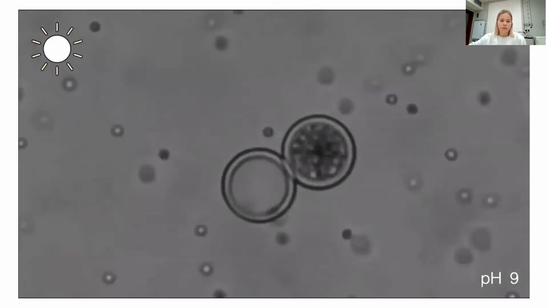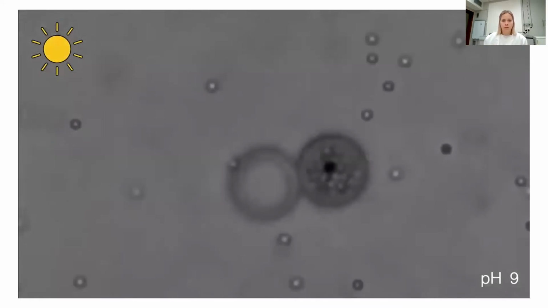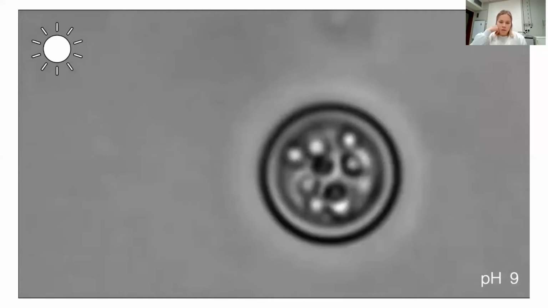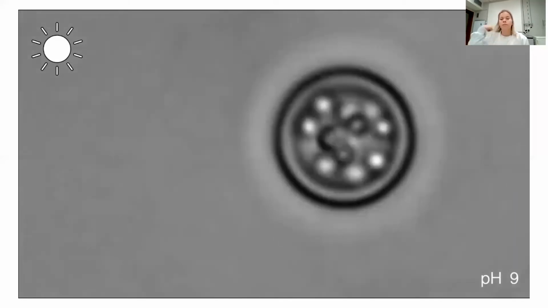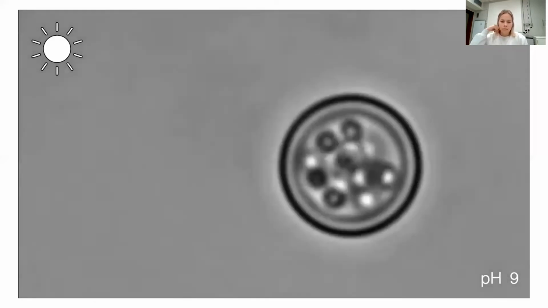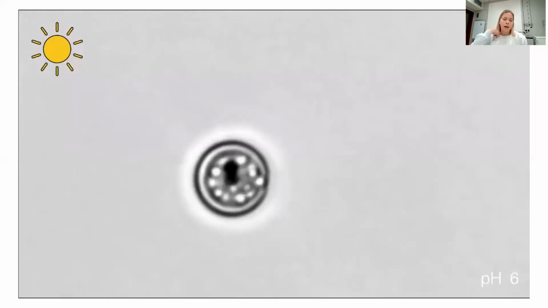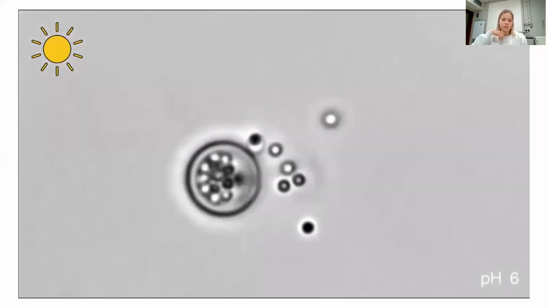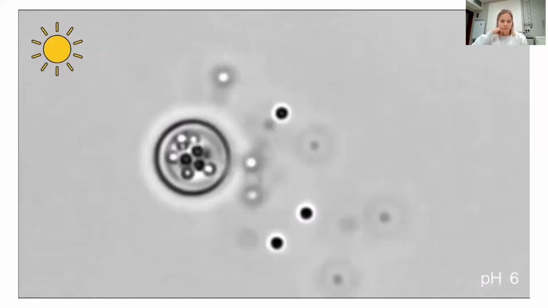So it's very full now. This shows that with the light off, there is no ability of the cargo to escape the cell mimics, I should say. And then reduce the pH to pH 6, and the cargo is then released with the light on.